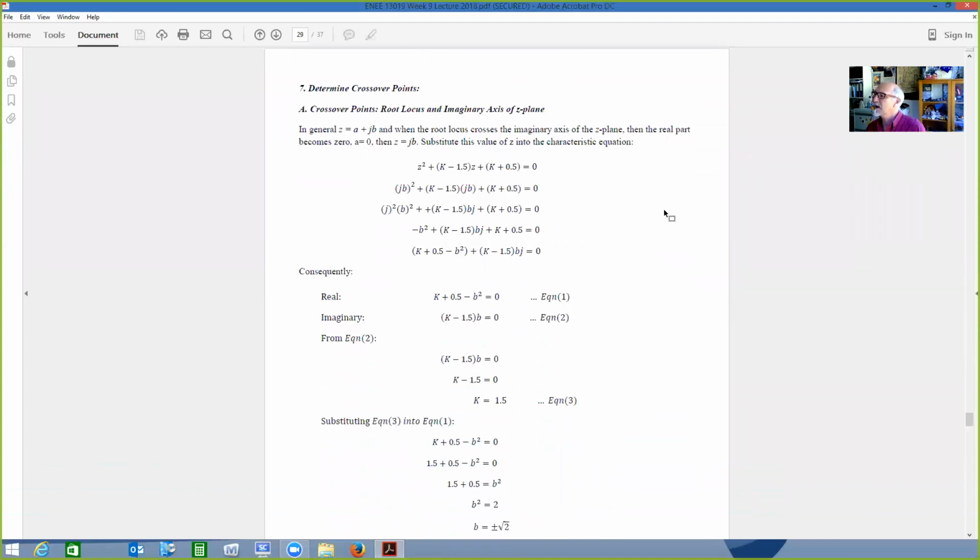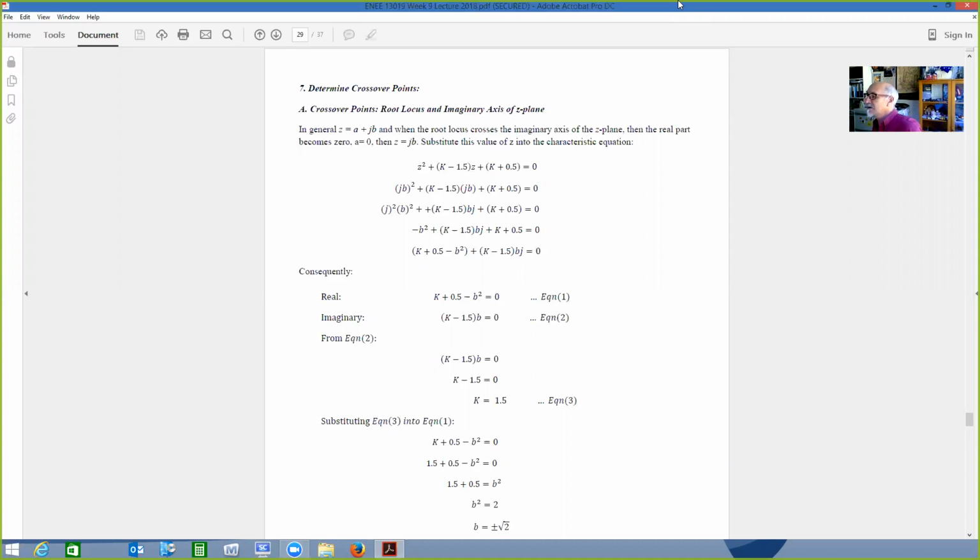Determine the crossover points. Like we've done beforehand, in this case we're looking at crossover points which are the root locus and the imaginary axis of the Z plane. So in general, Z equals A plus JB, and when the root locus crosses the imaginary axis on the Z plane, then the real part becomes 0, A equals 0, and Z equals JB, because it's obviously crossing the imaginary axis.